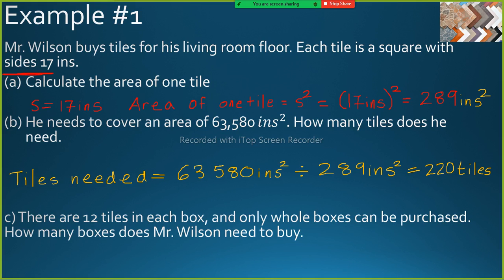Okay, so there are 12 tiles in each box, and only whole boxes can be purchased. How many boxes does he need to buy? So number of boxes.